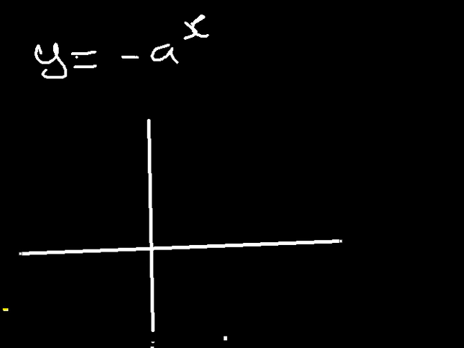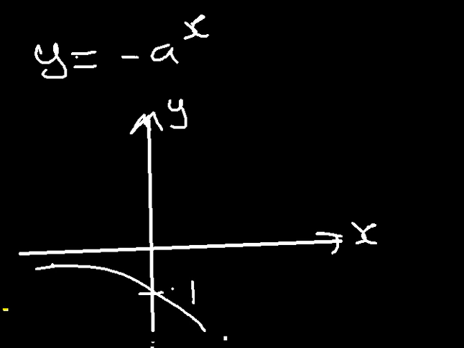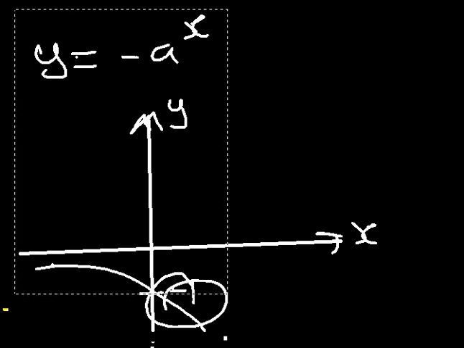This is the y-axis and this is the x-axis, and the graph will go like this, and this is negative 1. That's how the graph has to reflect along the x-axis.